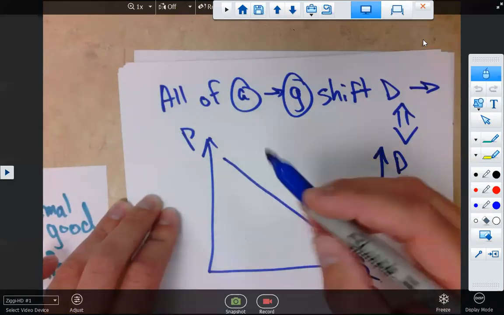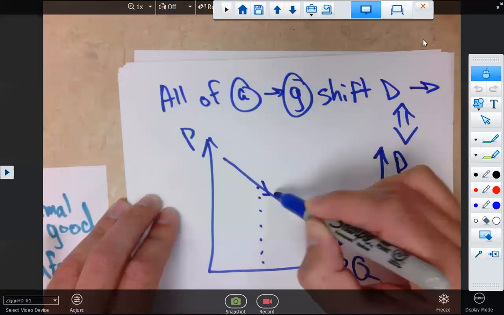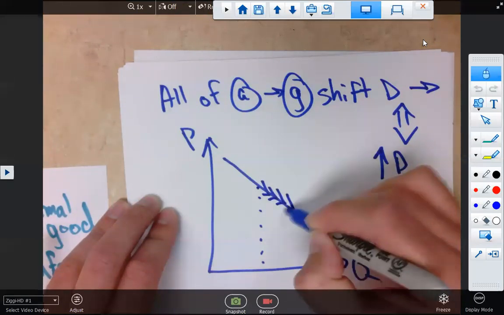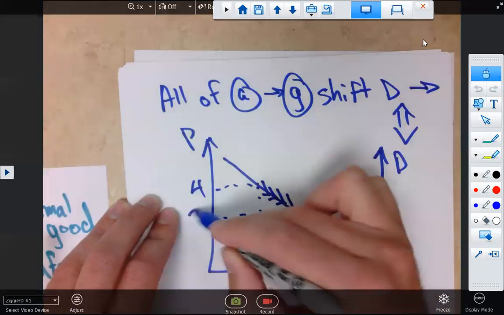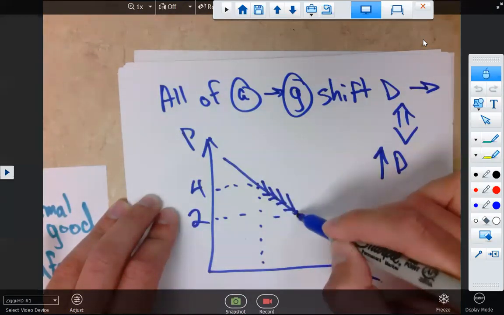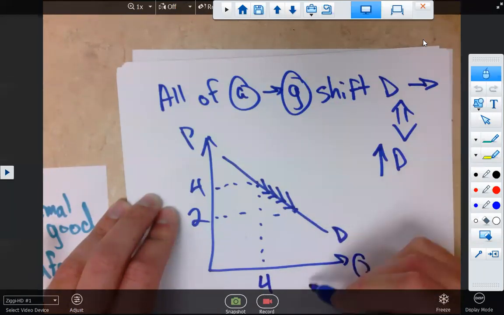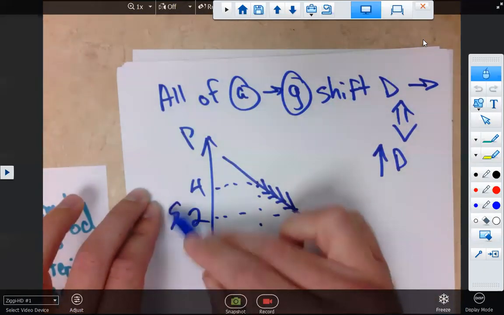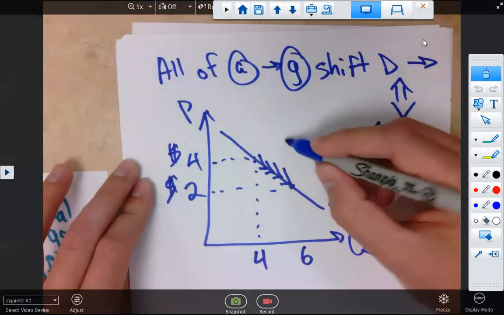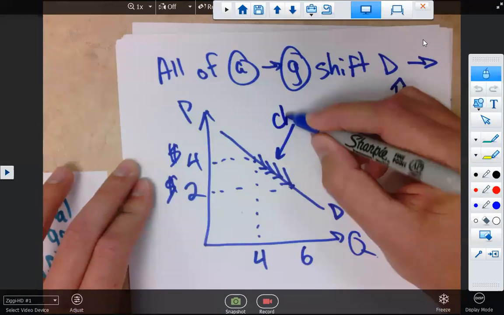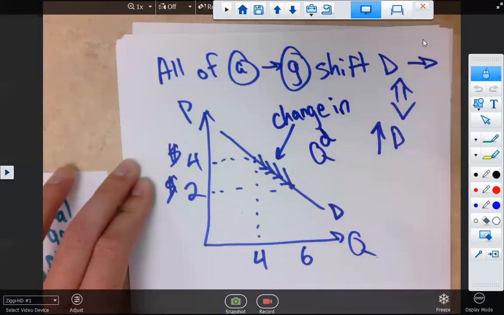A change in the quantity demanded is a movement along the demand curve. When the price goes from $4 to $2, there's a change in the quantity demanded from 4 units to 6 units. So that's a change in the quantity demanded.